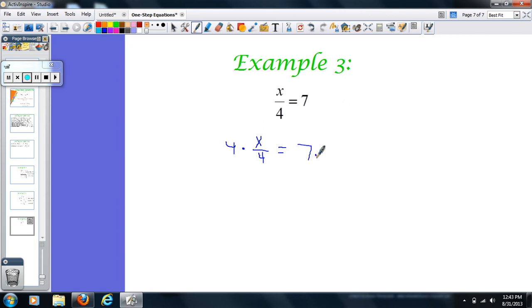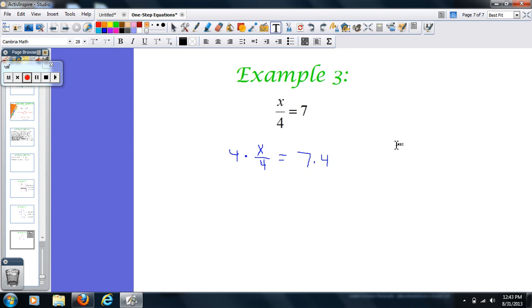And we get 7 times 4. So again, this is going to be the multiplication property of equality. So that's going to be to get us from the given to step 1.